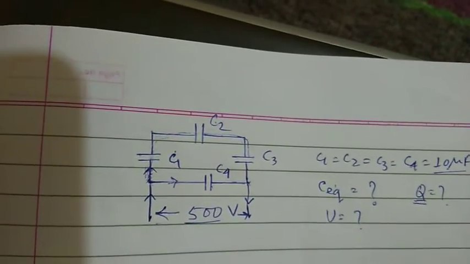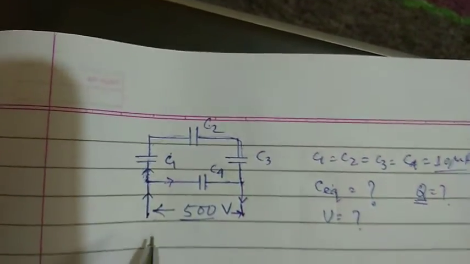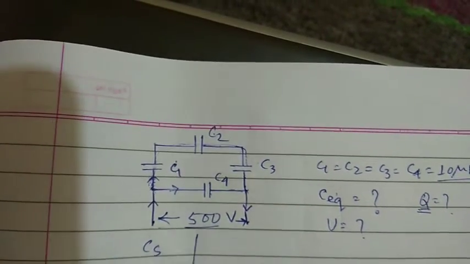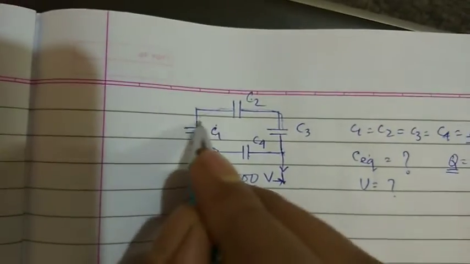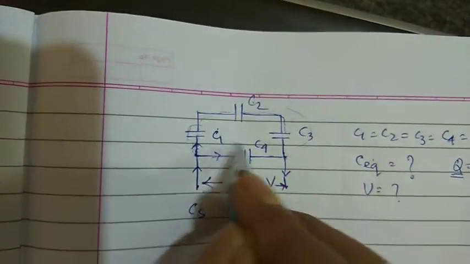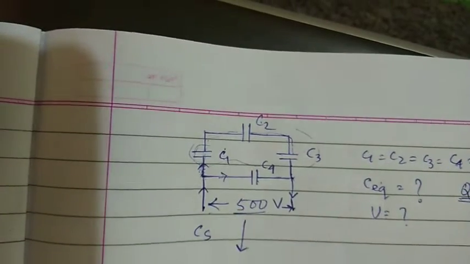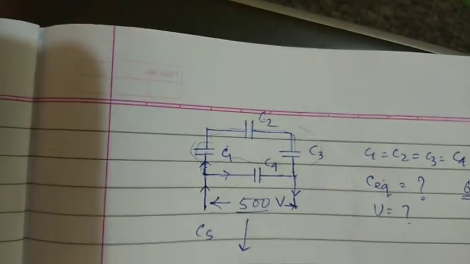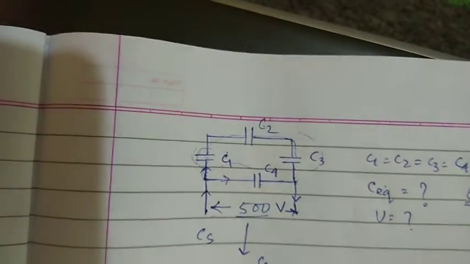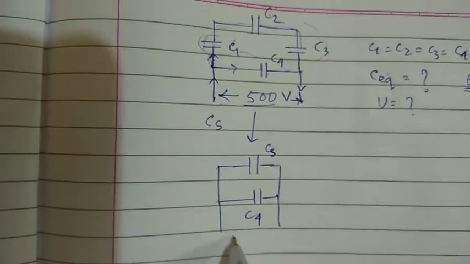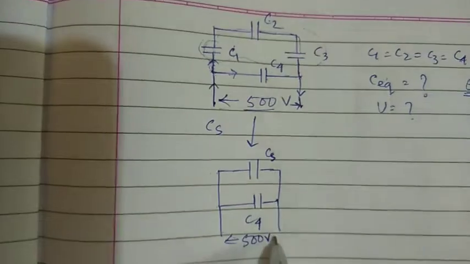If we modify this, say the series combination of C1, C2, C3 is CS, the circuit will become like this. Now we will only draw 1 instead of 3. So this is your CS, here is your C4, and here is the battery, 500 volt.